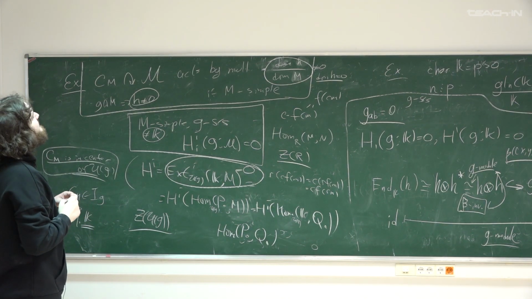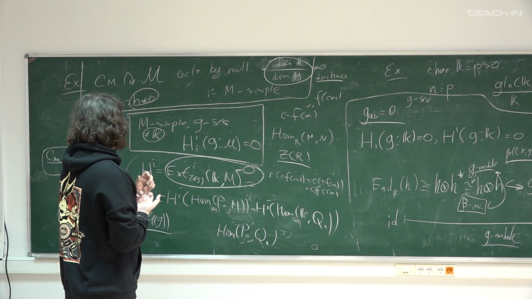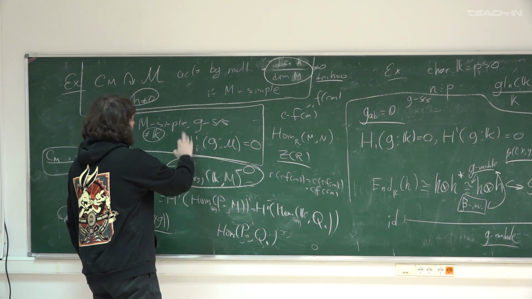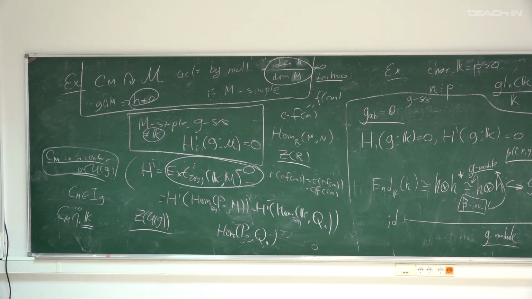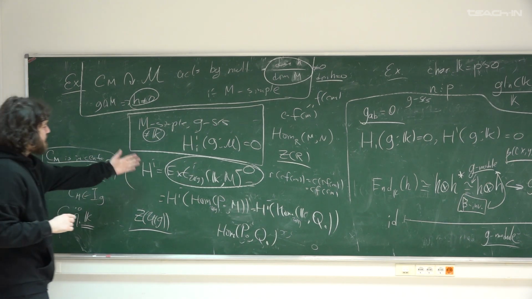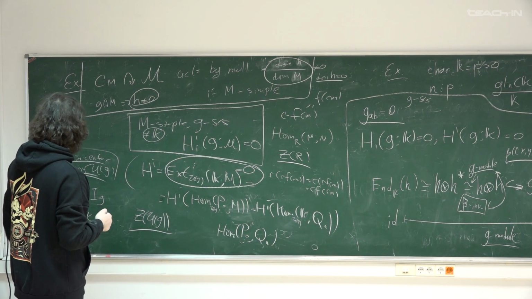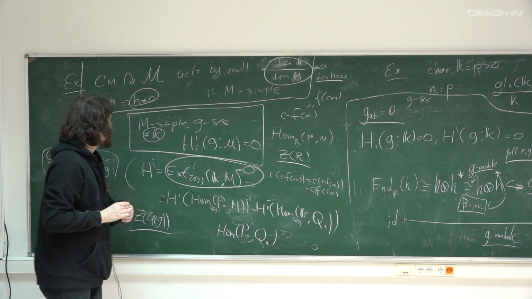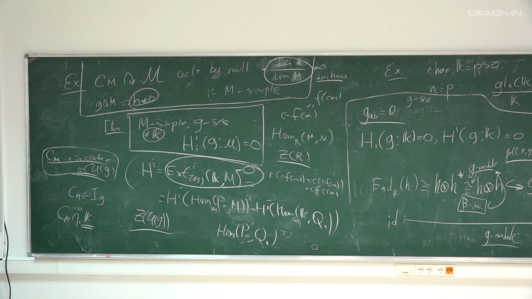Sorry, we know that it's 0. Yes, in fact, we know this only for first and second, I don't know about higher. Okay. And also for homology, it's Tor, and it's also multiplication by a non-zero number and by 0. So we obtain this theorem, that all homology of simple modules is 0.